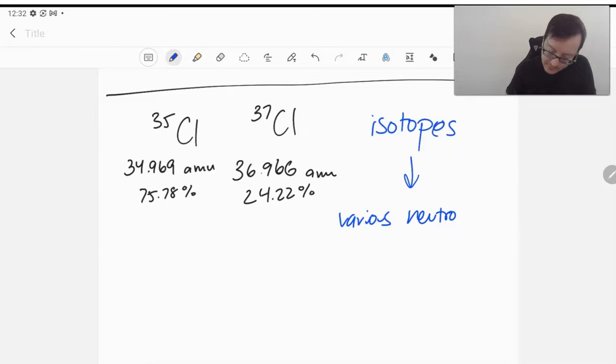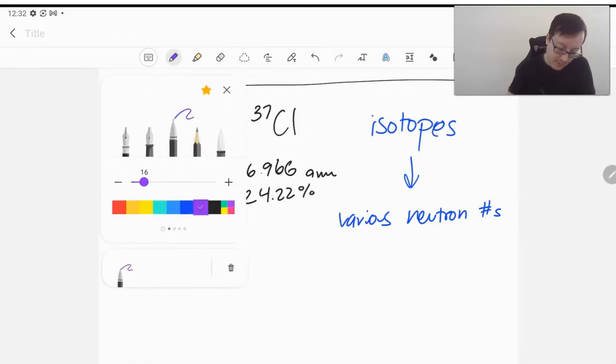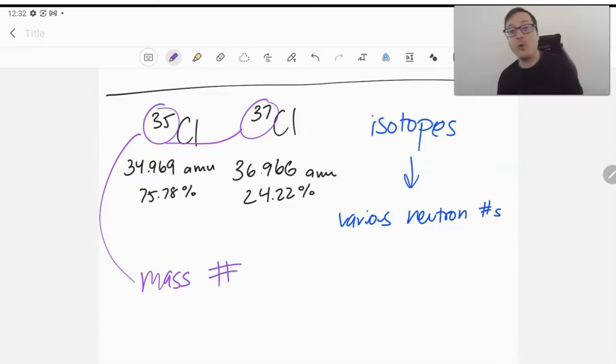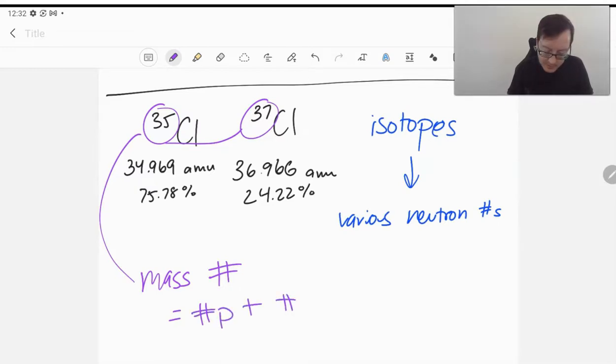And we'll see that the convention for naming these isotopes is using something called a mass number. These two numbers here are mass numbers. And mass numbers are always whole numbers. The mass number is equal to the number of protons plus the number of neutrons.